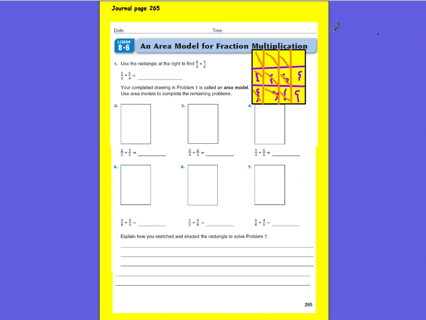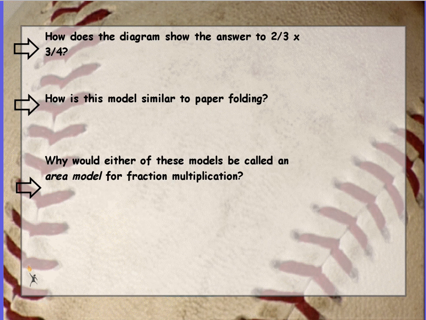Alright, your math journal pages are going to be very similar to yesterday. You can either do an area model, which we had been working with before, which is kind of close to that paper folding, except instead of folding paper, you're actually just drawing. Or you can use the multiplication rule, where we just multiply straight across.